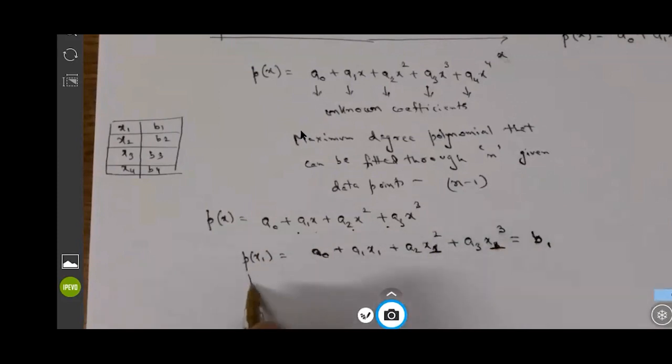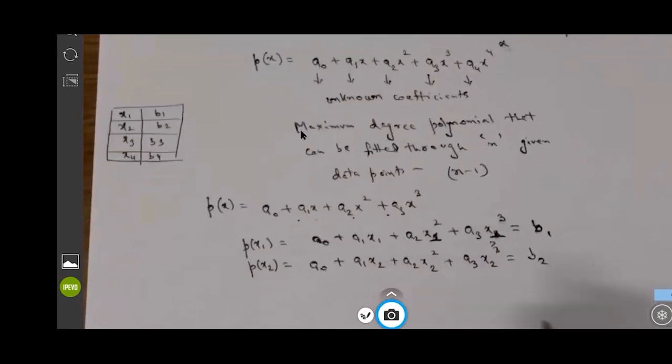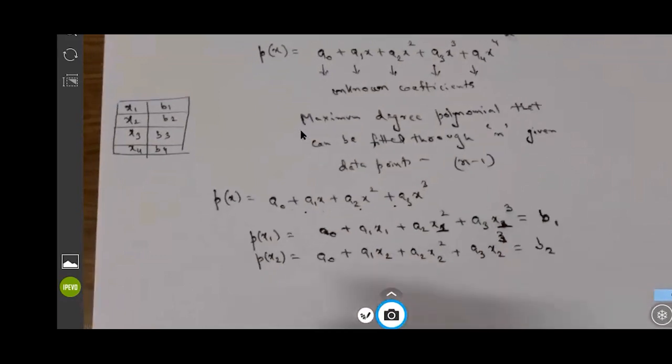Okay. Similarly, P of x2 would be a0 plus a1 x2 plus a2 x2 square plus a3 x2 cube is equal to b2. Is everybody with me? Yes.